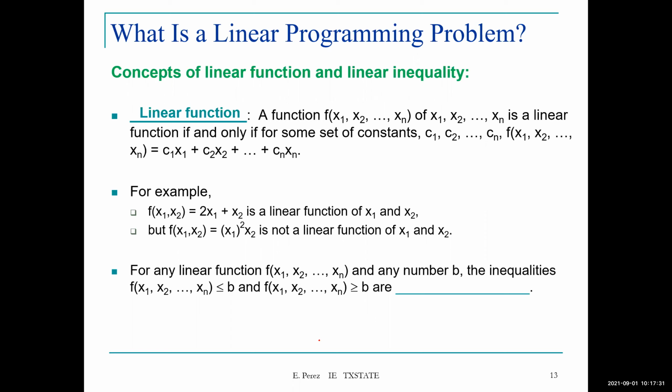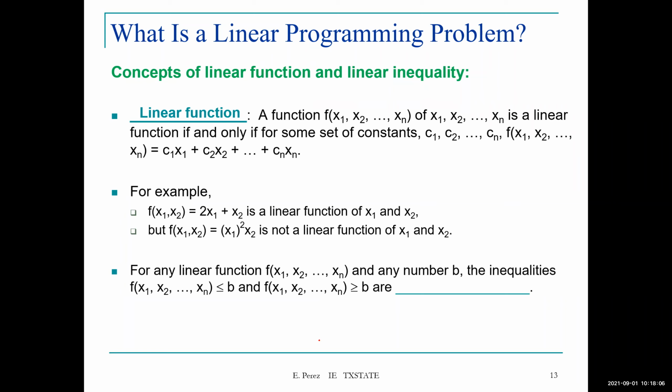If you look at this format, c1 x1 plus c2 x2, that's the similar format that you see in the constraints and the objective function that we defined for our first model. So for example, 2x1 plus x2 is a linear function of x1 and x2, but this function, which has a multiplication of a square x1 times x2, is not a linear function of x1 and x2.